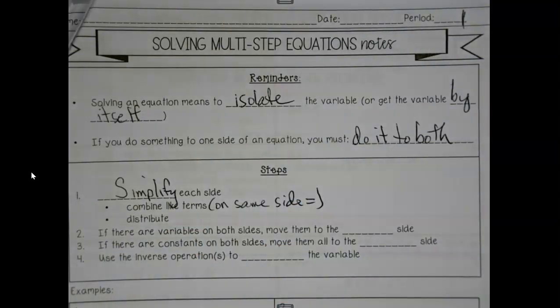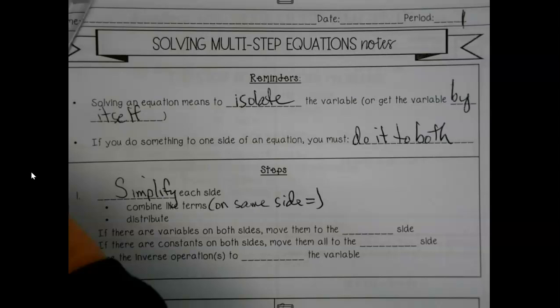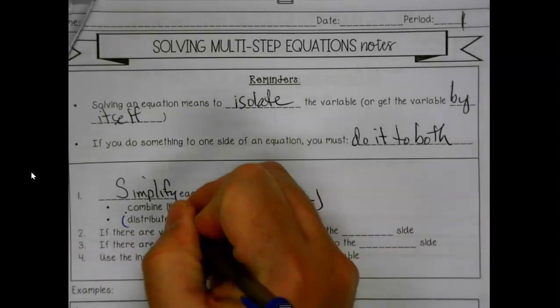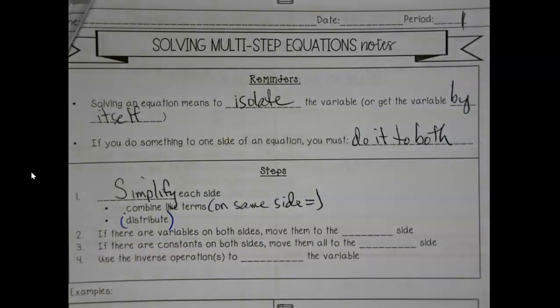Okay, if they're on opposite sides, we got a little bit different of a job to do. And then we need to distribute if we see any parentheses working. Okay? Once those two things are taken care of, now we can go into the more traditional, how do I solve my equation?